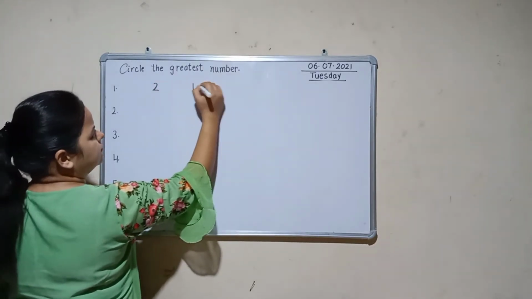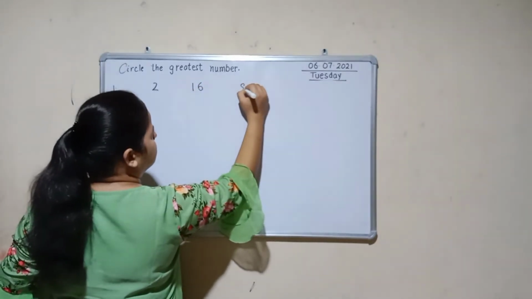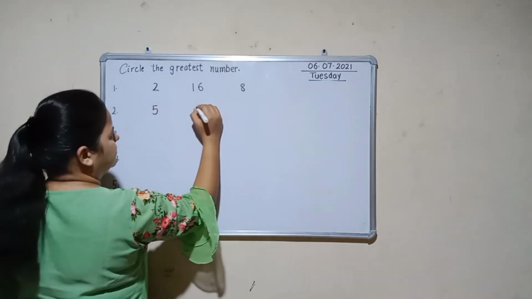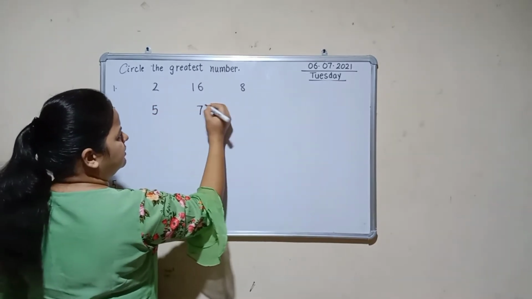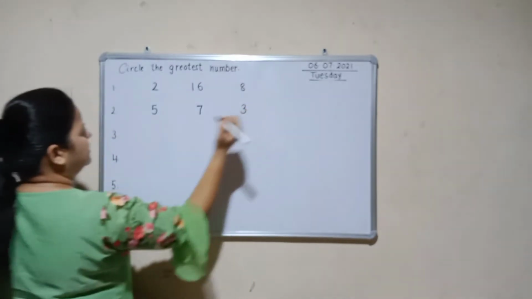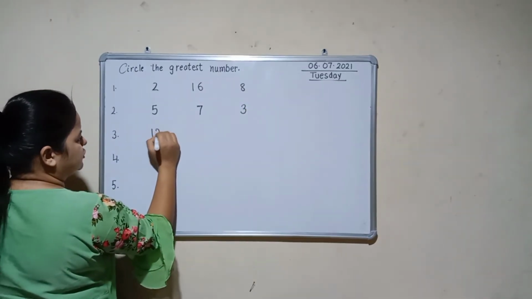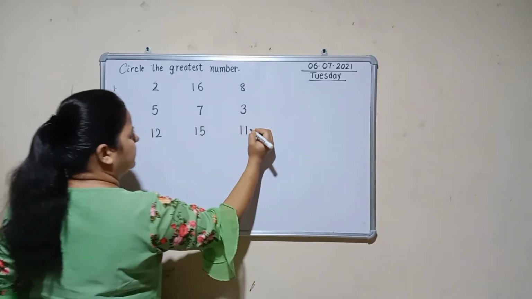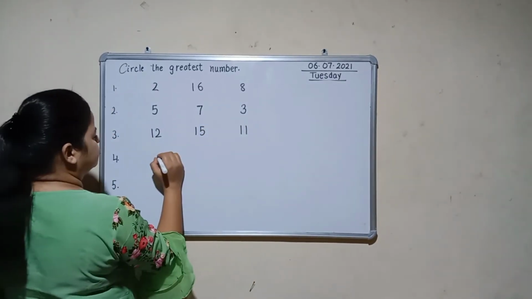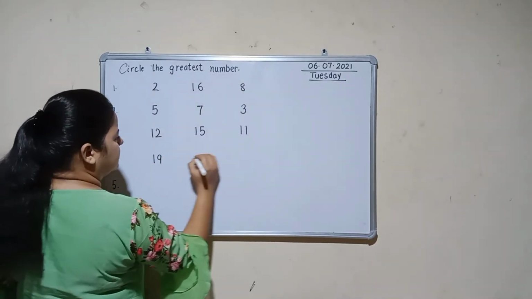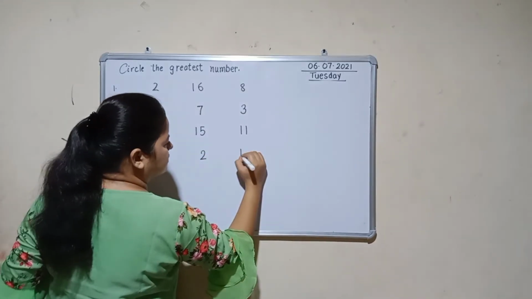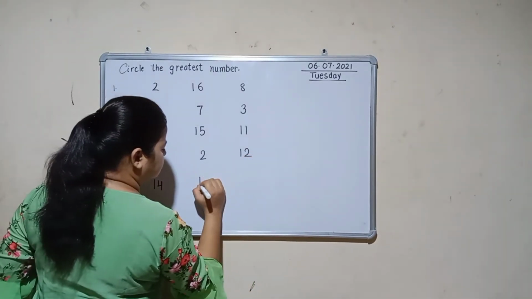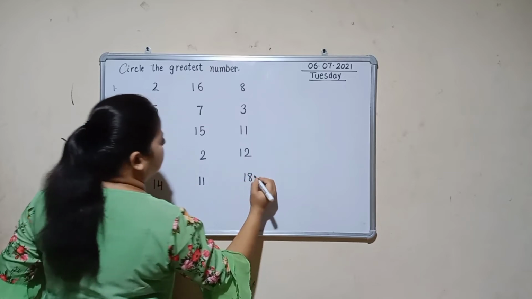2, 16, 8, 5, 7, 3, 12, 15, 11, 19, 2, 12, 14, 11, 18.